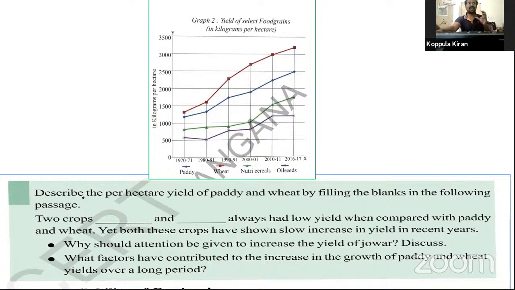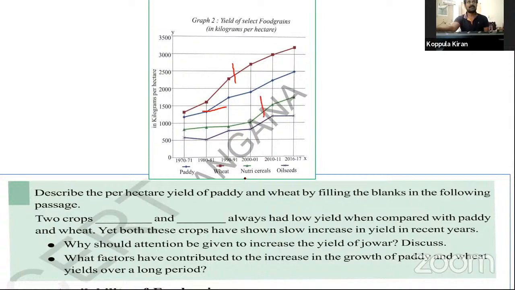Okay, describe the per hectare yield of paddy and wheat by filling the blanks in the following passage. See these two crops, dash and dash, always had low yield when compared with paddy and wheat. Students, look at this. These two colors are mentioned: this is paddy, and this color is wheat.